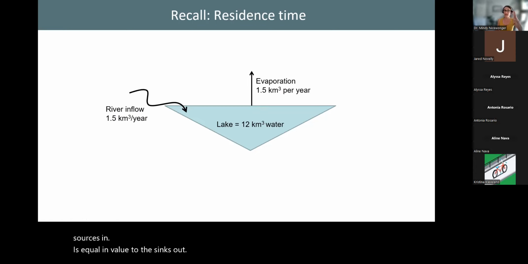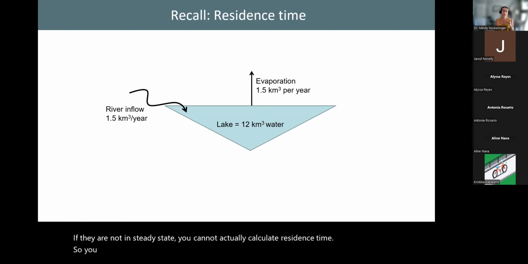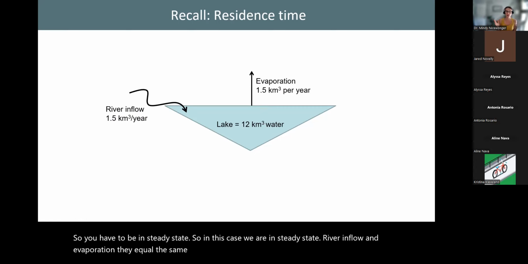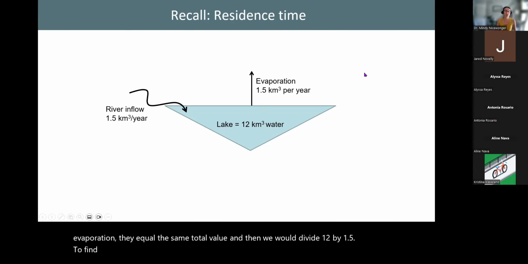If they are not in steady state, you cannot actually calculate residence time. So you have to be in steady state. So in this case, we're in steady state, river inflow and evaporation. They equal the same total value. And then we would divide 12 by 1.5 to find the residence time.